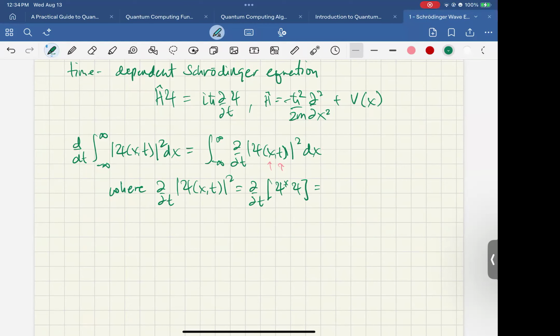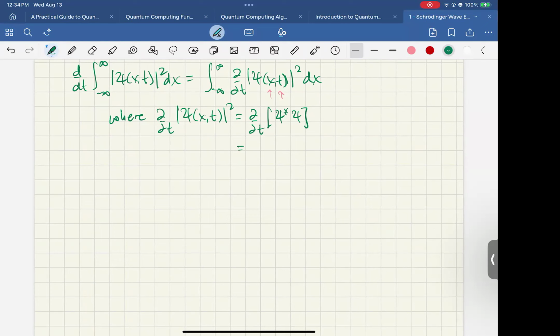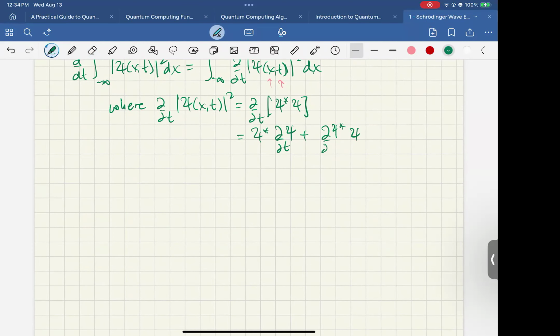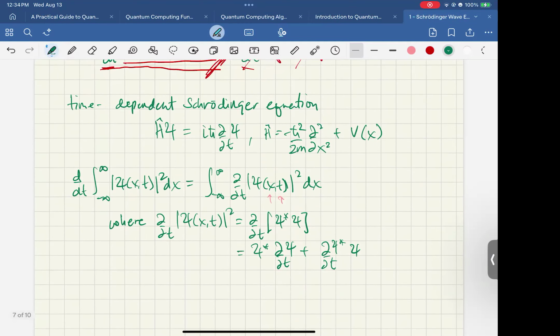And this is then equal to psi star partial with respect to t ng psi plus partial with respect to t ng psi star and then psi. Now we can use Schrödinger equation.